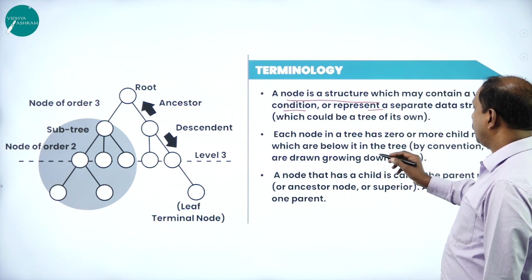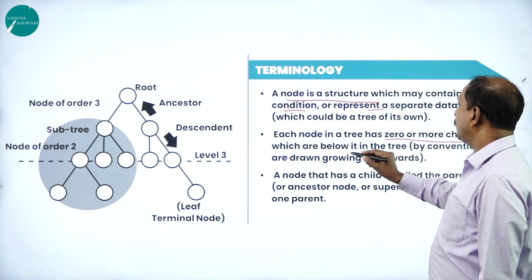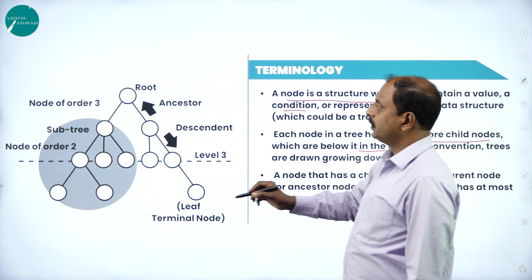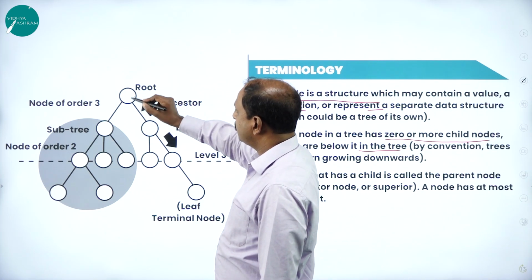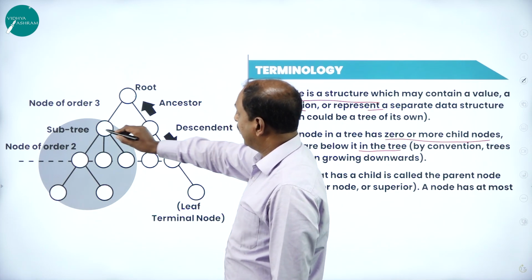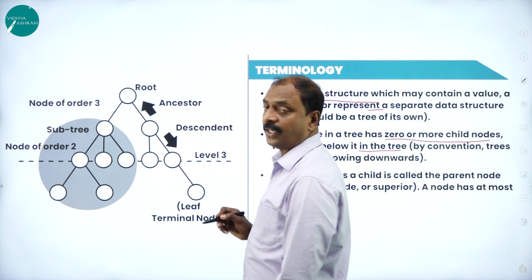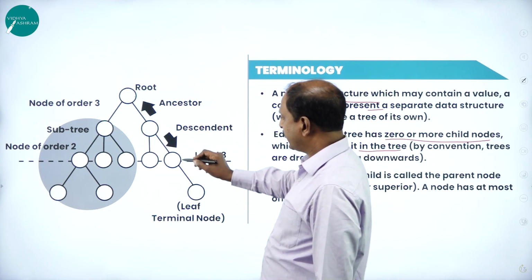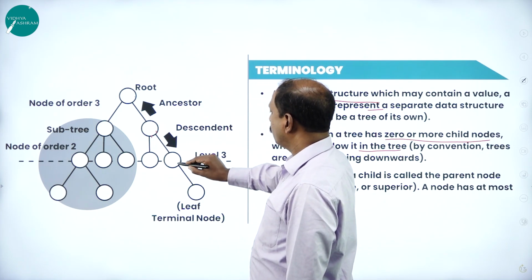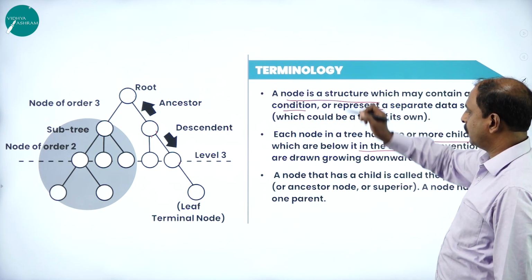Each node in a tree has zero or more child nodes which are below it in the tree. In this example, this is a root node, and it has two other sub nodes, or subtrees, and these two are called child nodes. For this particular node there are two nodes, and these two are called child nodes. That is one more definition with respect to a tree.